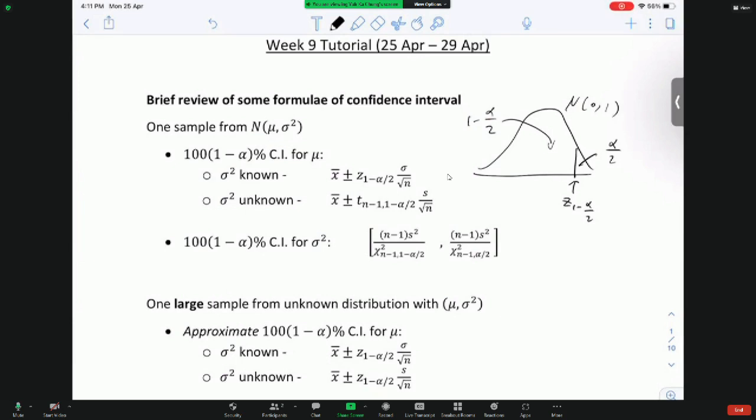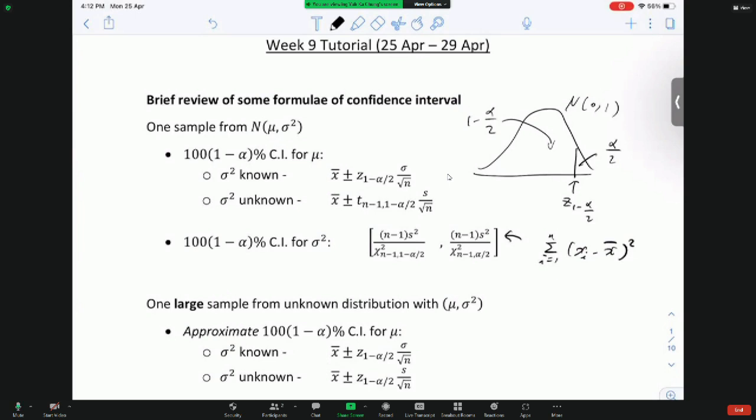The numerator in these two numbers is equal to n minus 1 multiplied by the sample variance S squared. So essentially, it is just the same as the sum of the squared deviations from the mean. For the denominator, it is obtained from a chi-square distribution table.